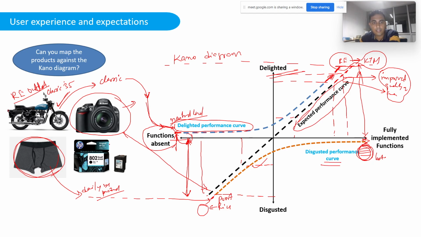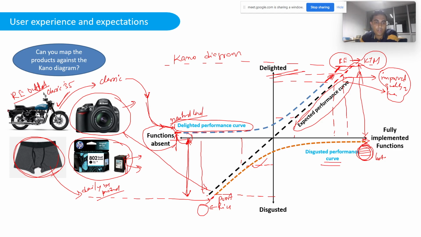Similarly, a printer cartridge. Even if you include a lot of features in the print cartridge, it will not give you a delighted experience.